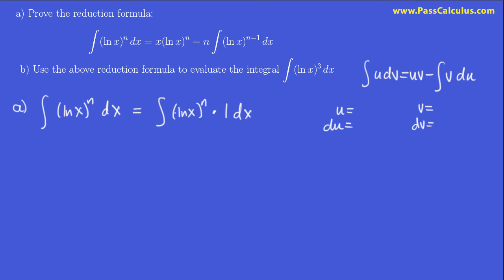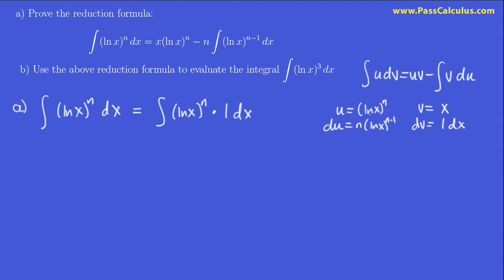So u is going to be ln x to the power of n. And dv is just going to be 1 dx. In other words, dv is dx. What's the antiderivative of 1? It's x, right? And what's the derivative of ln x to the n? Well, by the chain rule, the n comes to the front. We have ln x to the n minus 1.